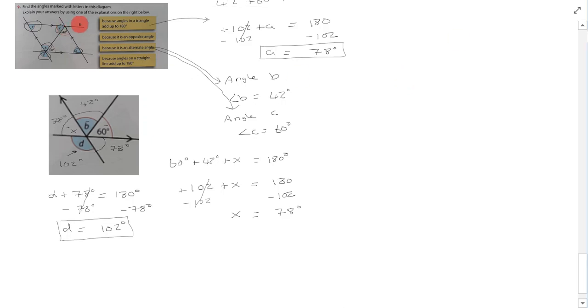We have worked out what C is. The angle C is 60 degrees, and the angle B we've worked out as well: B is equal to 42 degrees. Remember, C, B and E, the three of them together, should add up to 180 degrees.